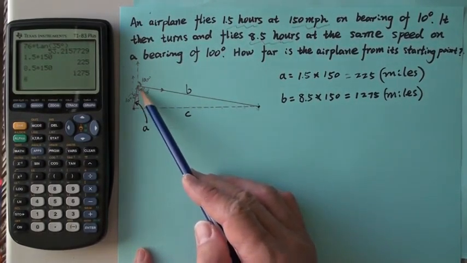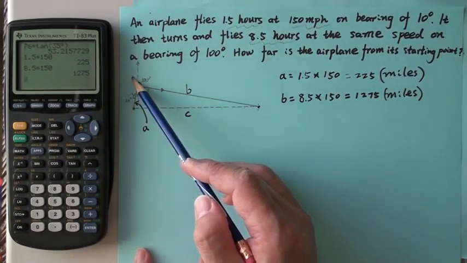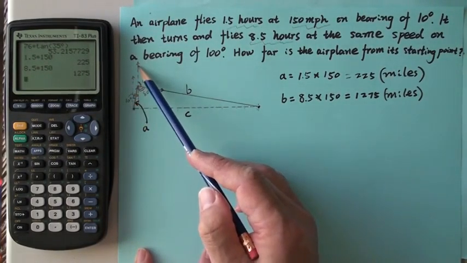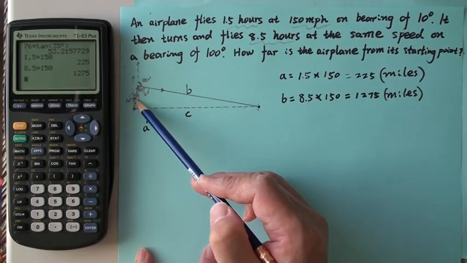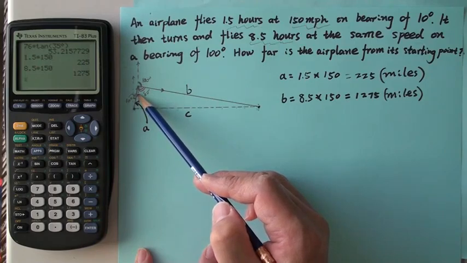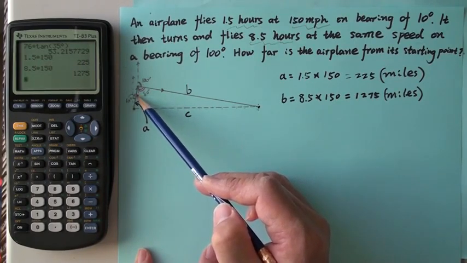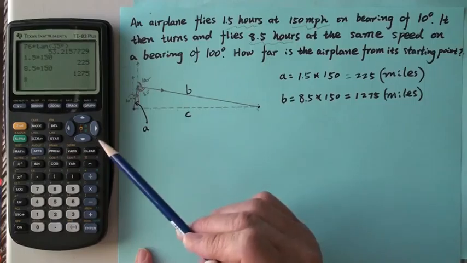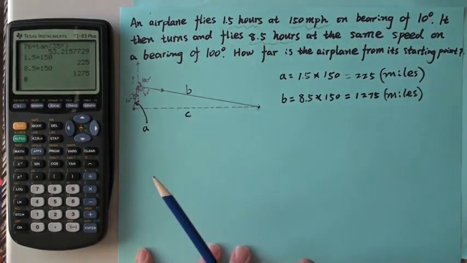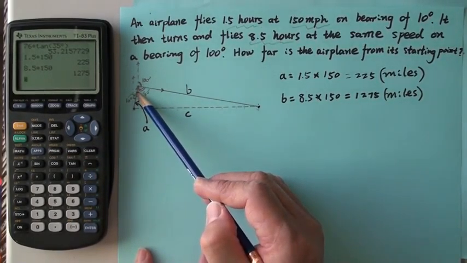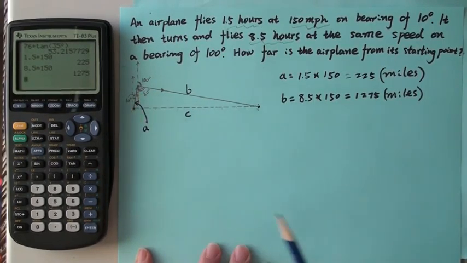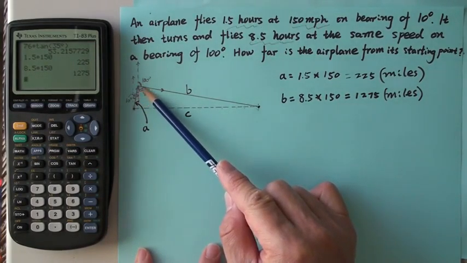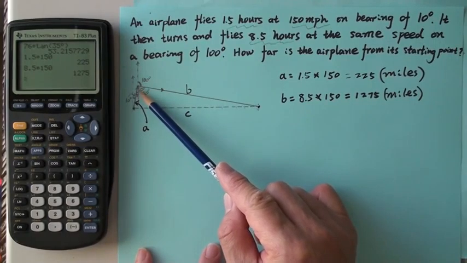Now we have 80 degrees here. And then if you look at these two parallel lines, those two lines are parallel. If here is 10 degrees, then this angle will also be 10 degrees. That's the alternate angle. And then this smaller angle, 10 degrees plus 80 degrees, will make 90 degrees.